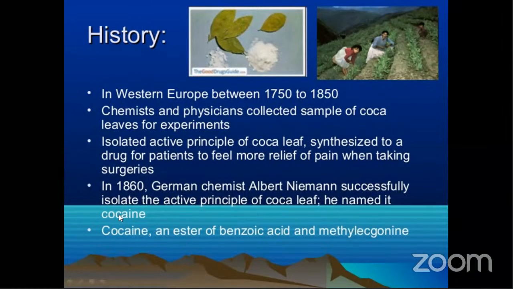So what is cocaine? It is an ester of benzoic acid. They isolated cocaine and identified that it is an ester of benzoic acid, otherwise called methyl ecgonine. So cocaine is a benzoic acid ester derivative. It is the first anesthetic drug discovered, by the scientist Albert Niemann.